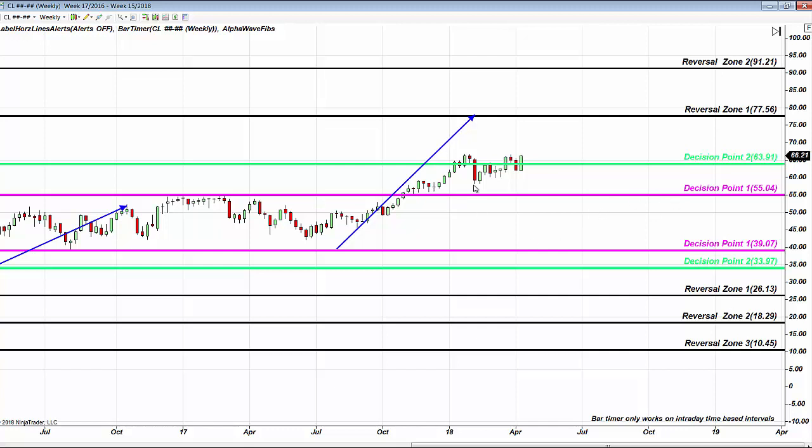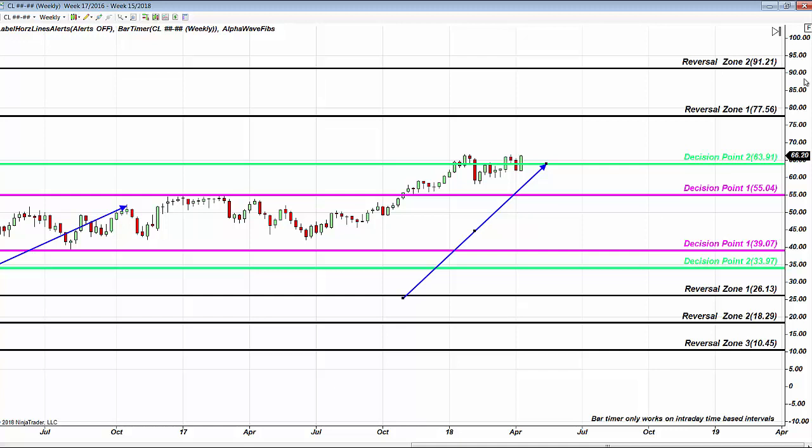And just to remind you, the lower oil retraces to this support, the more interesting oil will be. So, you're trading the weekly chart, you're holding a position for weeks, months and years. Plenty of space to the upside on oil.